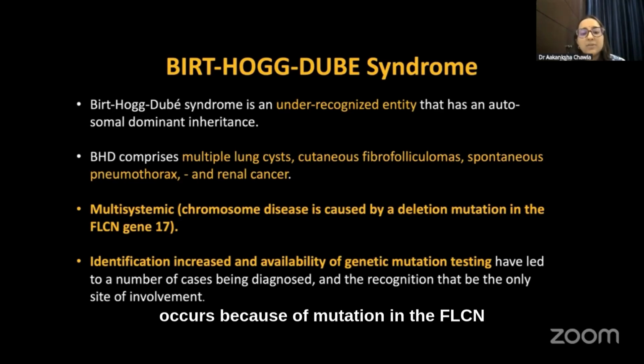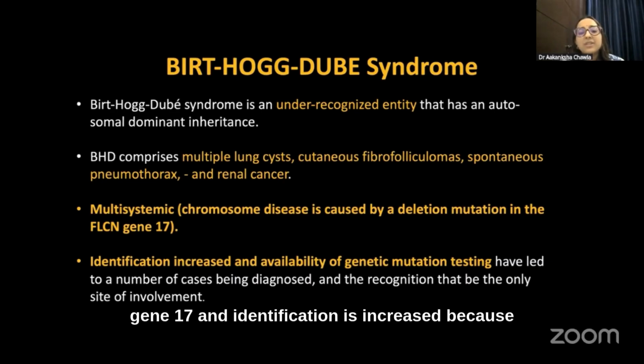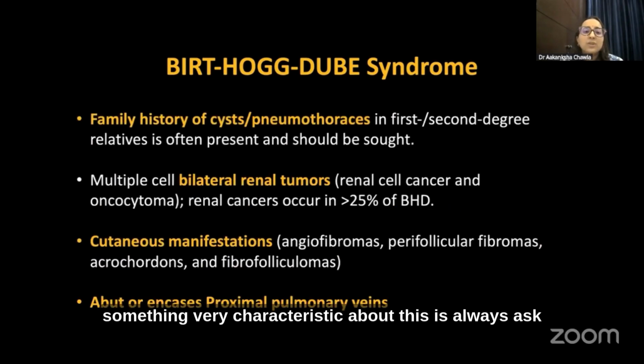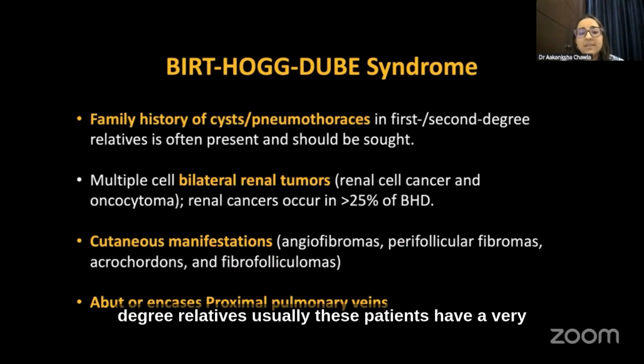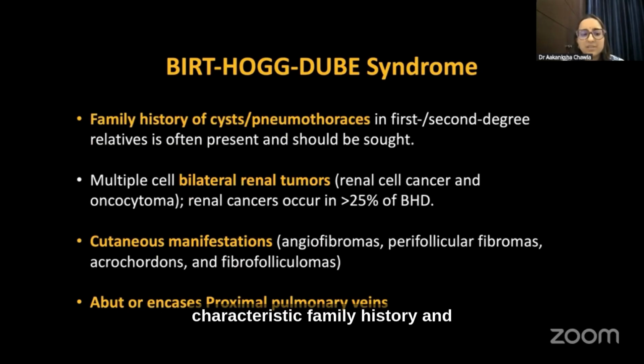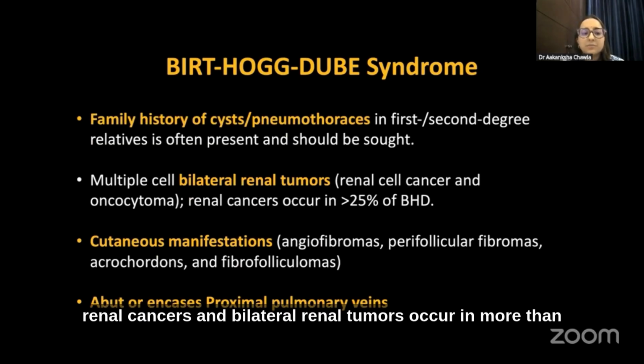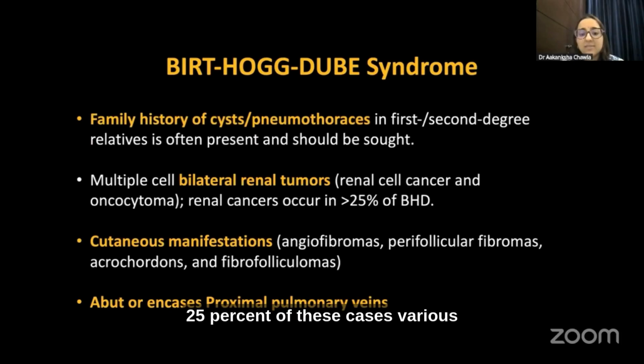It occurs because of mutation in the FLCN gene on chromosome 17, and identification is increased because of the availability of genetic testing. Something very characteristic about this is to always ask for history of pneumothorax or renal cancer in first and second degree relatives. Usually these patients have a very characteristic family history, and renal cancers and bilateral renal tumors occur in more than 25% of these cases.